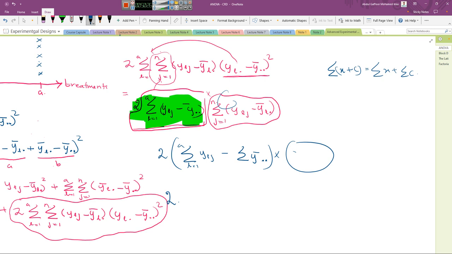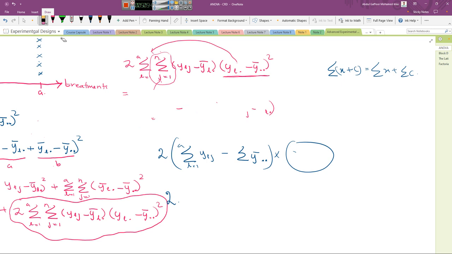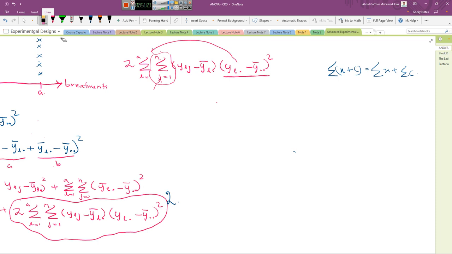So if you add all these treatment means, it will be giving... I'm sorry, here I have to consider this one, right? Okay, I'm sorry. I just took this expression out, so it should have been written like this. Okay, so I made a mistake here.